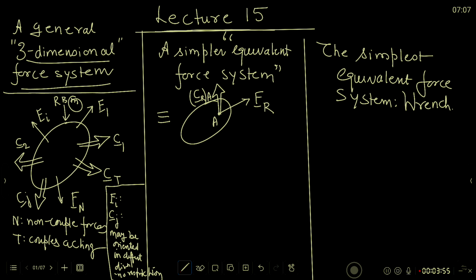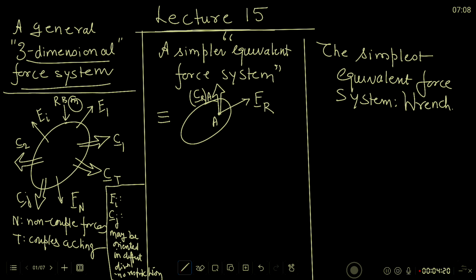R stands for resultant, and this CRA is the torque associated in the force system when the single force Fr has been put at A. This is possible to do. This is a simpler equivalent force system. Why? Because I have only one single force and one single torque in my force system.